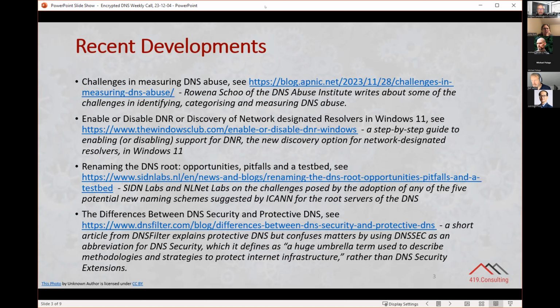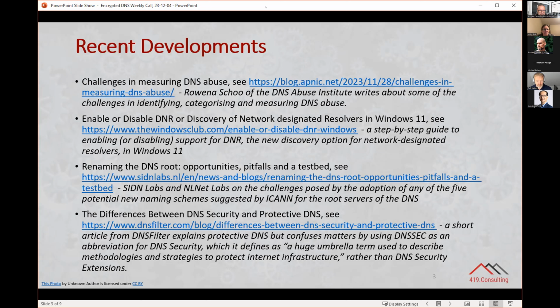Looking at some proposals from ICANN, they recently published 5 potential new naming schemes for the root servers of the DNS, and the paper covers the challenges posed by each of those 5 different schemes, just to highlight some of the practical considerations of those. So if you have a spare few minutes, those of you with interest in such matters may find that to be of use.